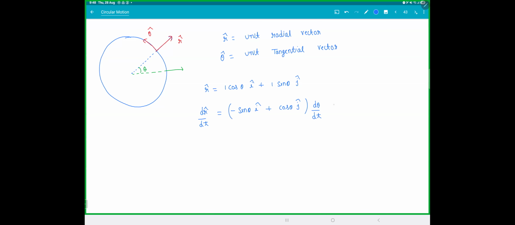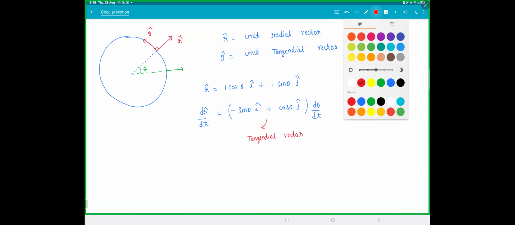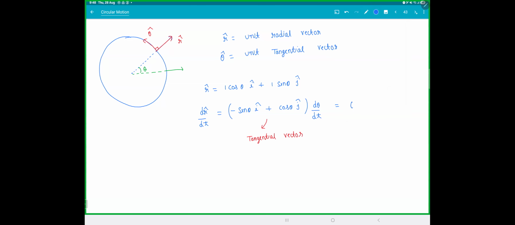So now what is this, minus sin theta i cap plus cos theta j cap? If you actually see, this is nothing but your tangential vector. Because see now, if you do the dot product, you get 0. This is 90 degrees. And d theta by dt is nothing but omega. So this guy is nothing but theta cap into omega. So when you differentiate this r cap, you get omega into theta cap. Basically, it's a rotation there.